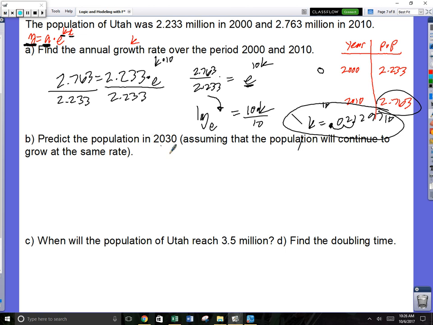Okay, so here's what I'm going to do. I said 2000 was year 0. I zeroed that out. So for 2030, I'm going to plug in 30 for my time.